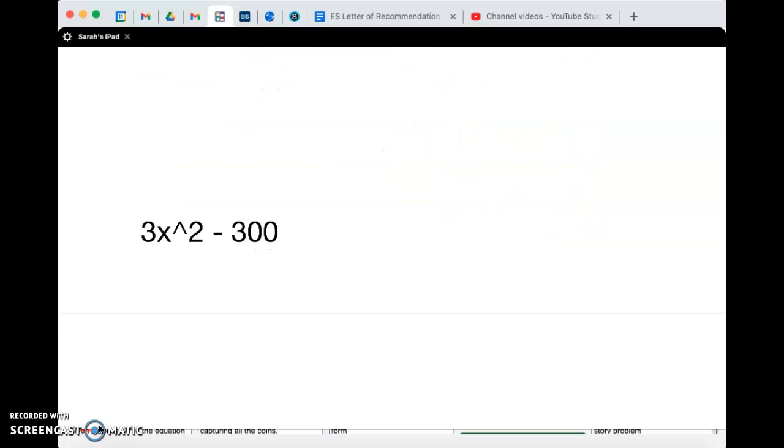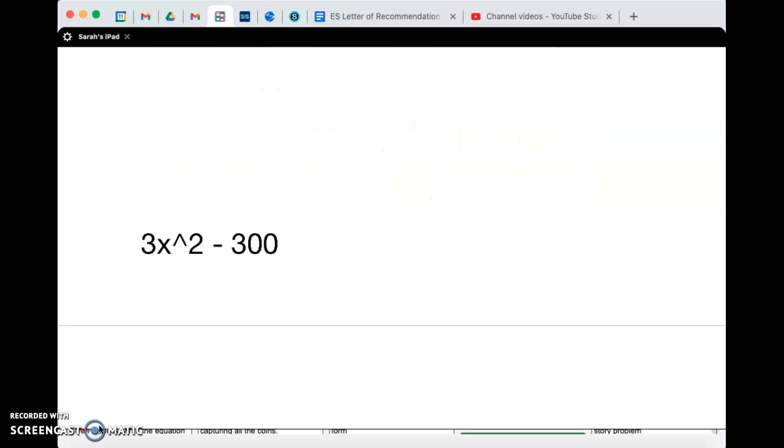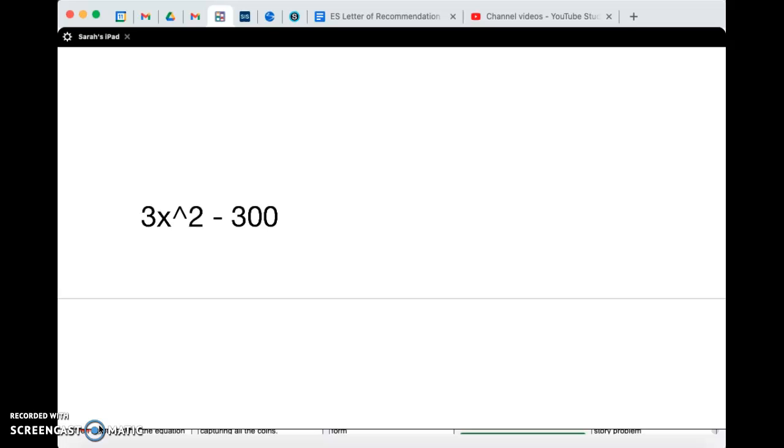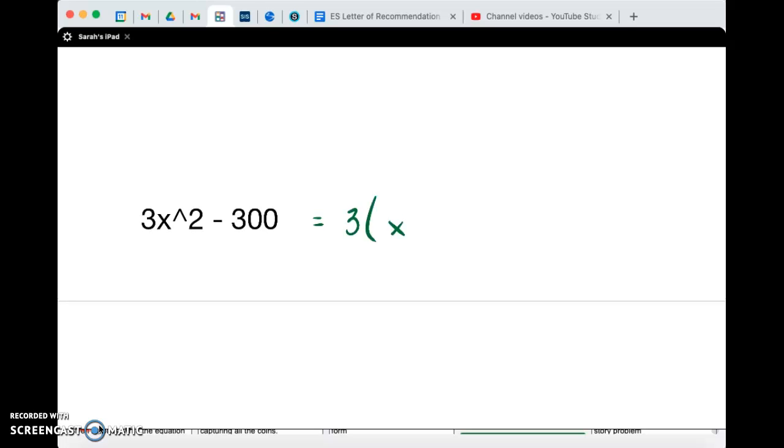Okay. I think there's 2 more. So one little extra thing. This is 2 terms again, so it'd be nice if you could do difference of squares, but 3 and 300 are not perfect squares. So can I do something first? Take out the 3. So we're taking the 3 out. And what's left over is x squared minus 100. Can x squared minus 100 be factored?